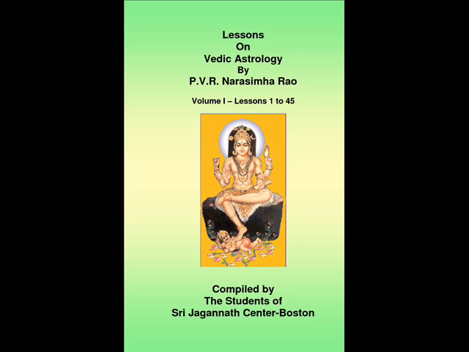The Hora Lord, the ruler of the year, is Mars. Mars is the ruler of the year. Now, if you look at the Tithi Ashtottari Dasha, if you look at the Dashamsha, in the Dashamsha, is Mars well placed or badly placed? 7.